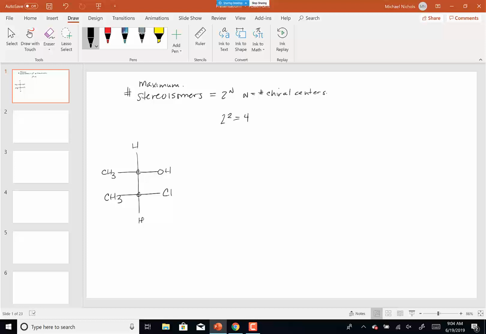This carbon has 4 different groups. Can I pass a mirror plane down through the center of the molecule? In this case, I'd have to pass a mirror plane through either one of those 2 carbons, cutting the molecule in half. Since I can't do that, those are chiral centers. Whatever way I can cut the molecule in half.